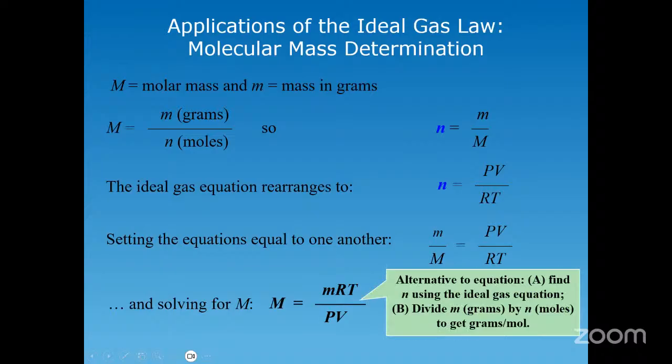The molar mass of a gas would be equal to the mass in grams times the molar gas constant times the temperature, divided by the pressure times the volume, all right? Once you know those terms on the right side of the equation, you put them in, and that will give you the molar mass of the gas, right?